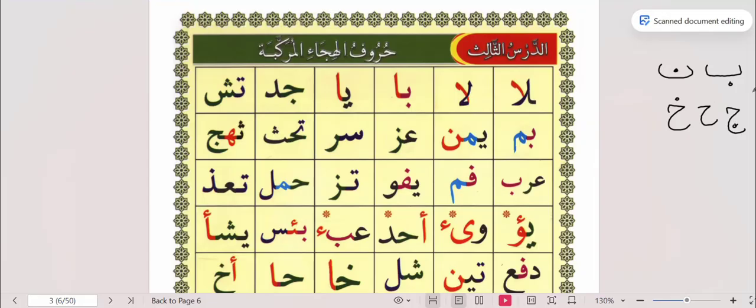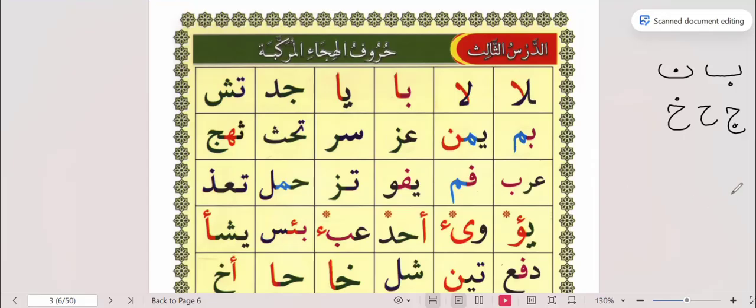And Ha does not carry any dot, whereas Kha will always have a dot on the head, like a crown. This is to identify the letters easily.